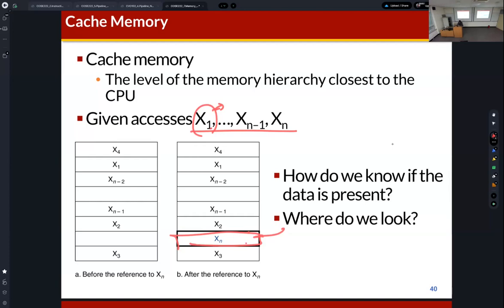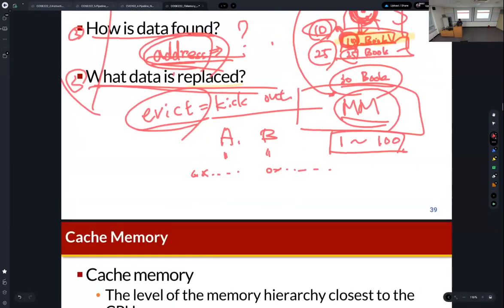So cache is also a kind of memory. Okay. So what does that mean? In the previous class, we learned about the basics of memory. What is the memory?